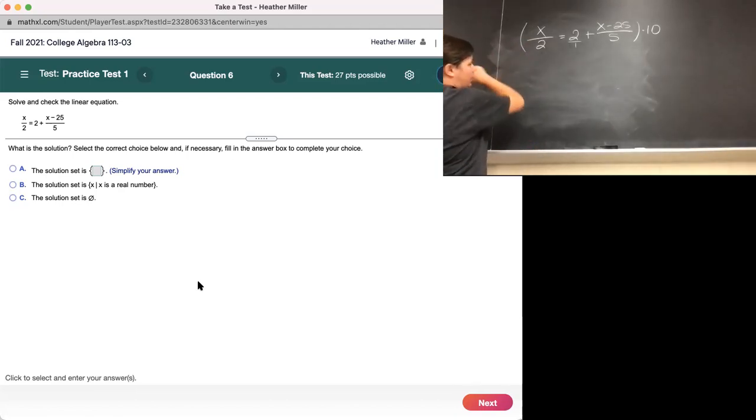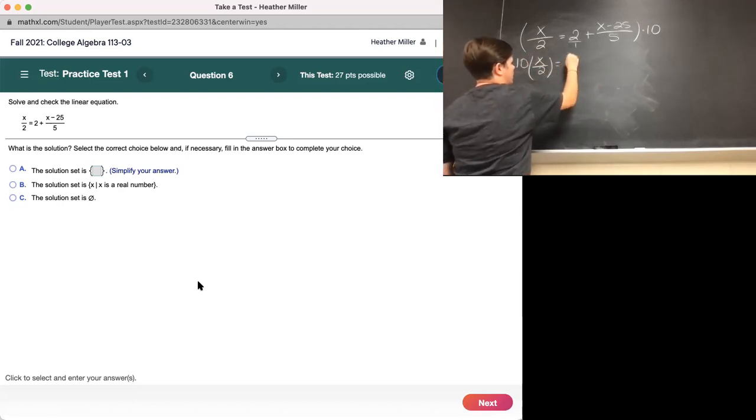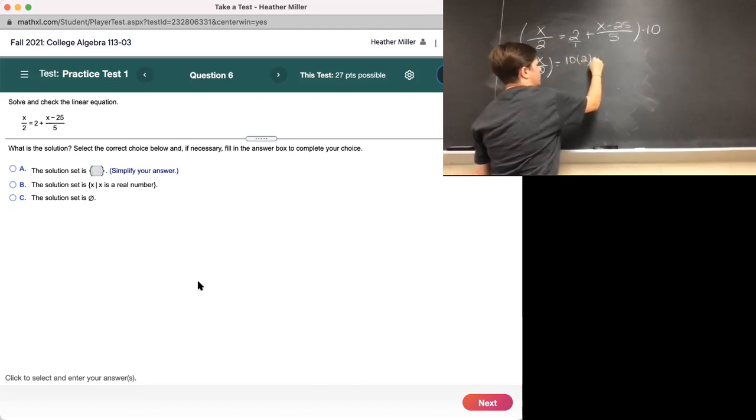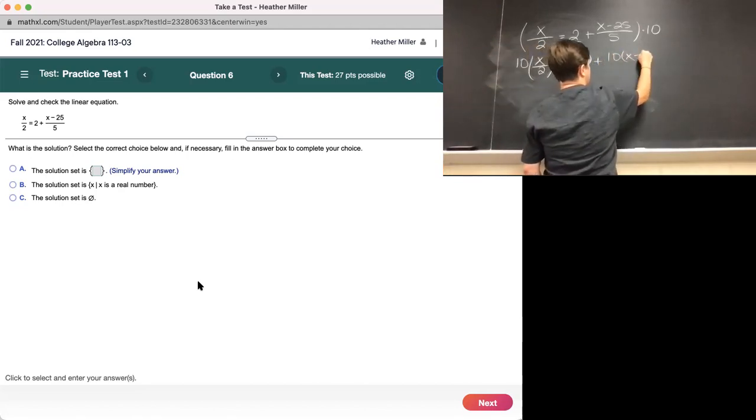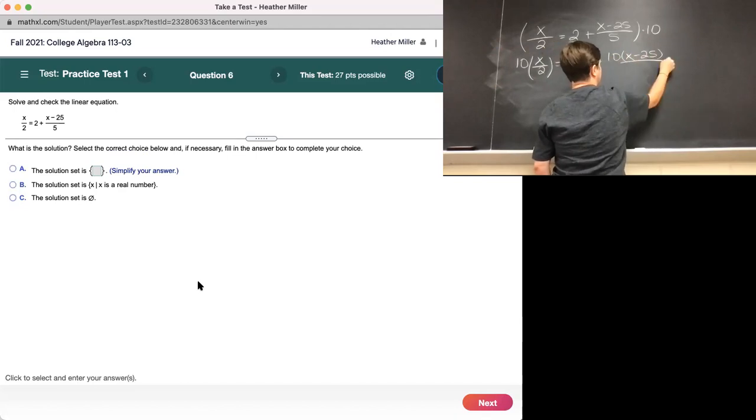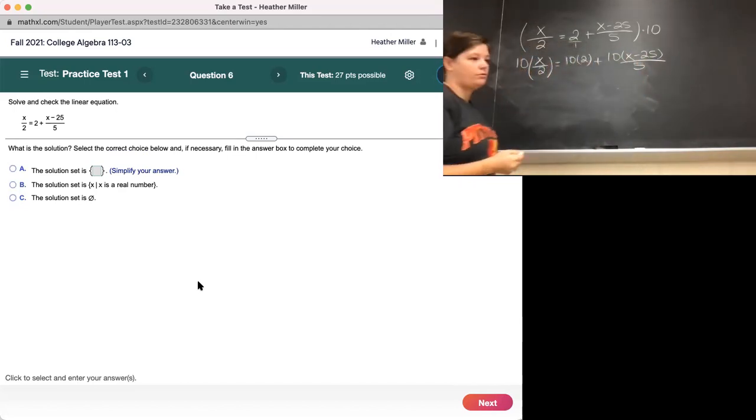So over here, I'll write it out. We had 10 times x over 2 equals 10 times 2 plus 10 times (x minus 25) over 5. So I'm writing it again so that we can see that the 2 and that 10 are going to go away, and I'm left with 5.